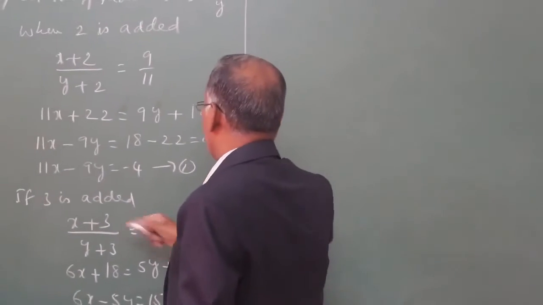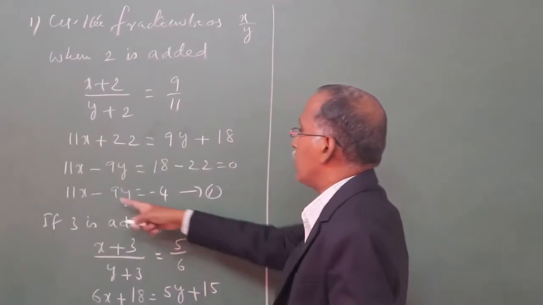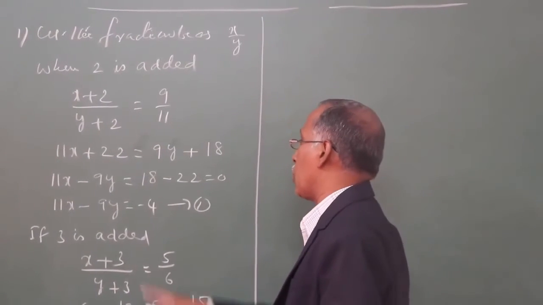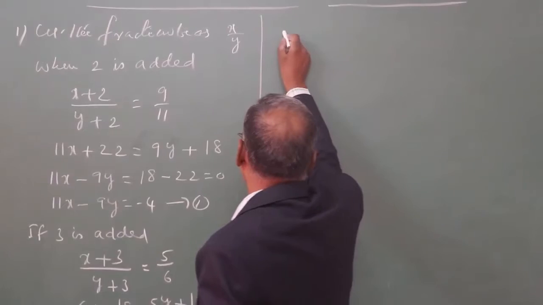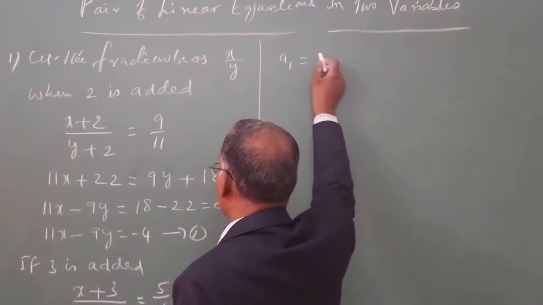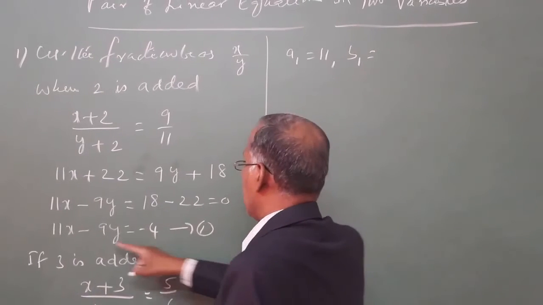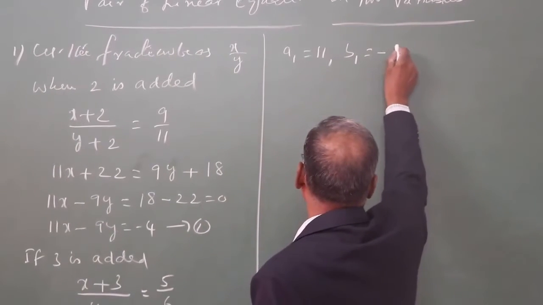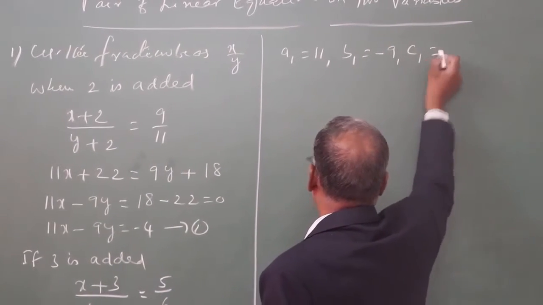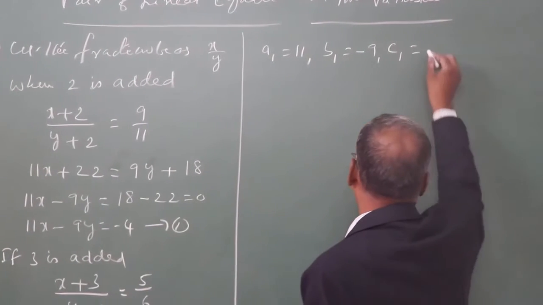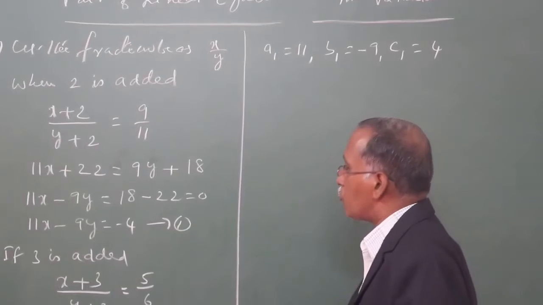In equation 1, if I compare with the linear equation a1x plus b1y plus c1 equals 0, then a1 equals 11, b1 equals minus 9, and c1, if I transpose to the left hand side, becomes plus 4, therefore c1 equals 4.